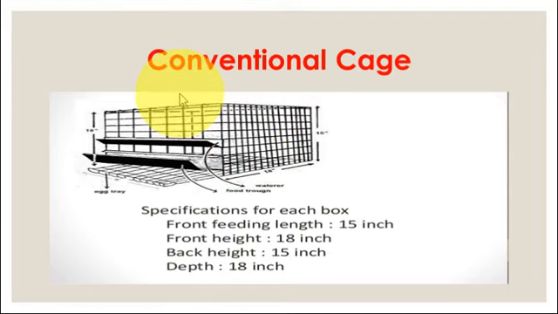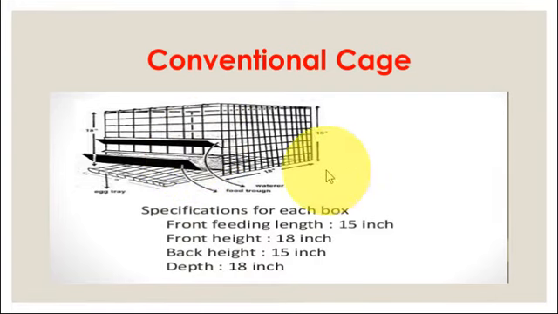So this is a conventional cage. Conventional cage means that in one cage we can accommodate more birds. Here there is an egg collection tray, a feeder, and a waterer.